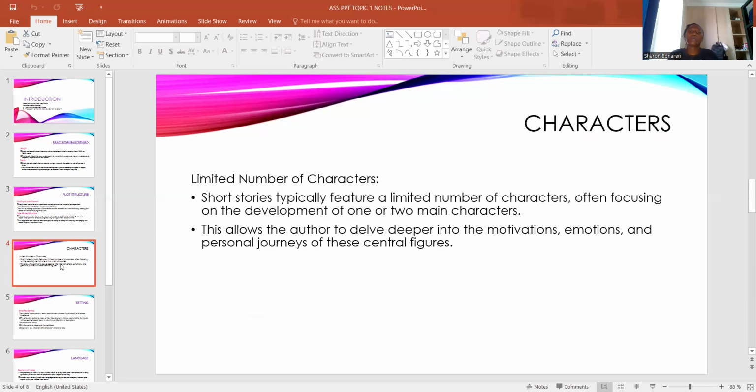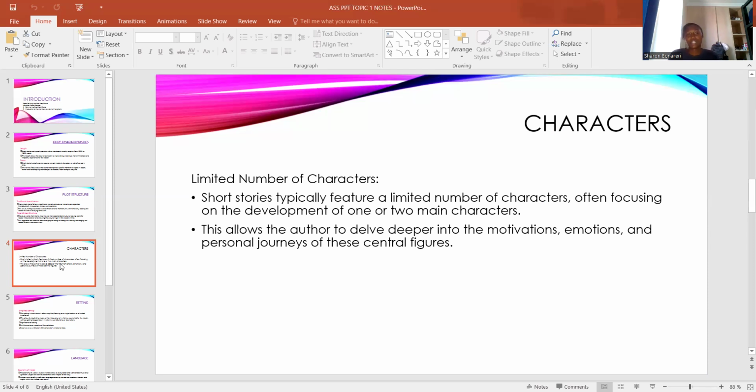Then we'll talk about characters. In a short story, there is a limited number of characters. Short stories typically feature a limited number of characters, often focusing on the development of one or two main characters. In many short stories, you'll find even one character, or two, or three.